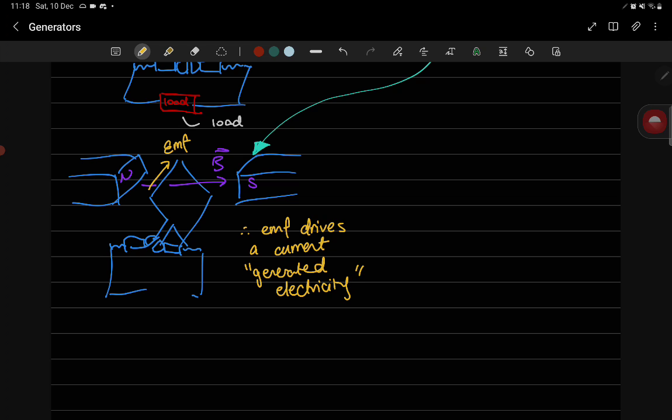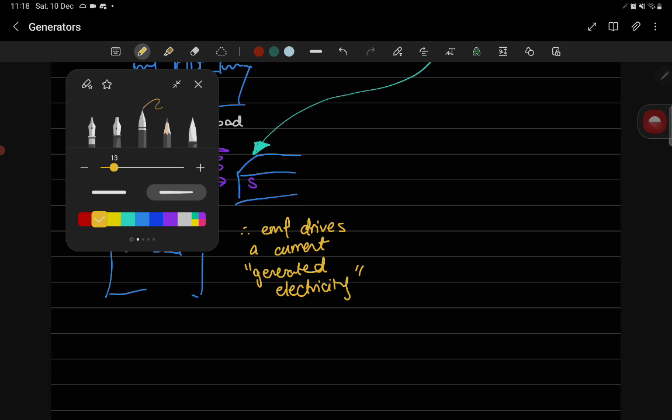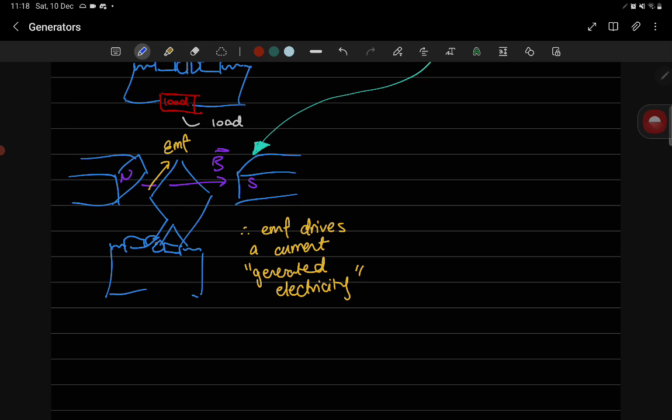Now, this split ring commutator will reverse the direction of the generated EMF every half period. And keep in mind, every time this rotor moves past the vertical position, the EMF will switch in direction.